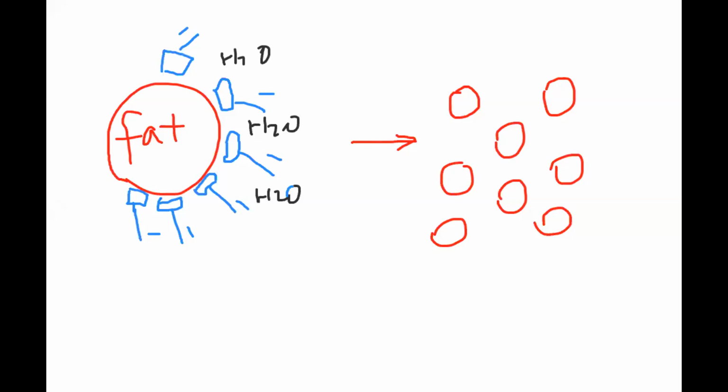Because hot water is going to help you to break down these big fat particles into smaller ones. You actually put extra energy, the heat, to break down the fat drop into smaller ones, and then you can rinse it off. Same principle for detergent.